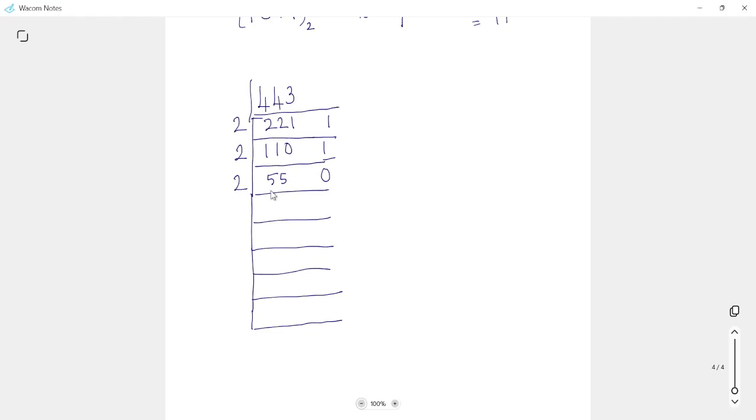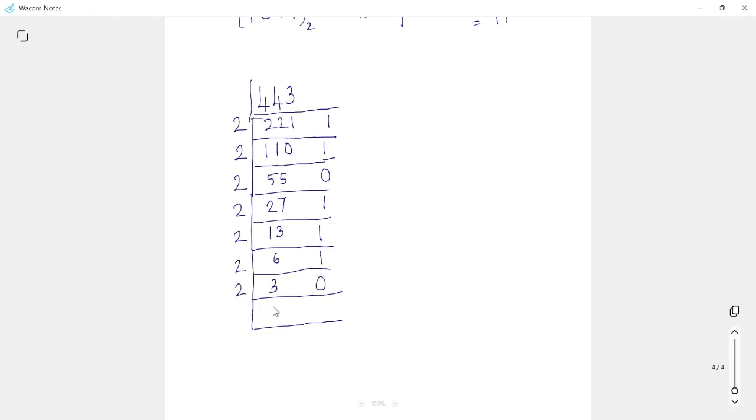So divide 55 by 2, I get 27 and a remainder of 1. I can divide 27 by 2, I get 13 and a remainder of 1. Divide by 2 again, I get 6 and a remainder of 1. Divide by 2 again, I get 3 with a remainder of 0.